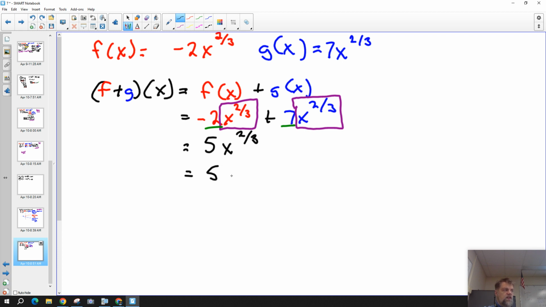Remember, when you have an exponent and it's a fraction, the numerator is the power, the denominator is the root. So this is 5 times the cube root of x, and then this whole thing is squared. Well, there are no restrictions for odd roots. So the domain for this is all real numbers.